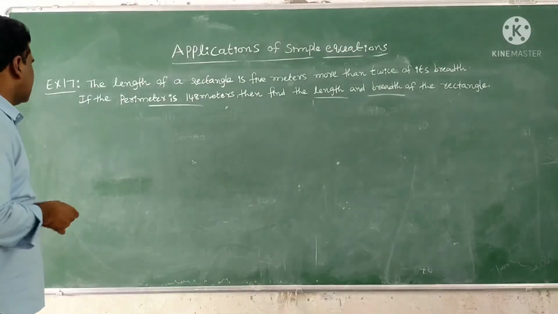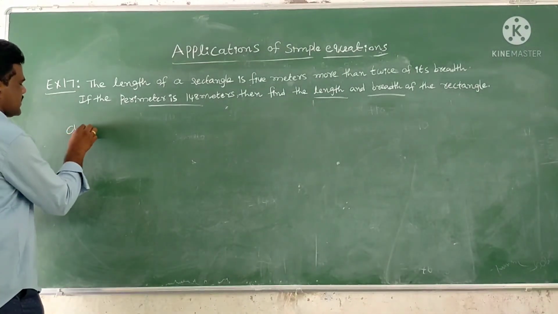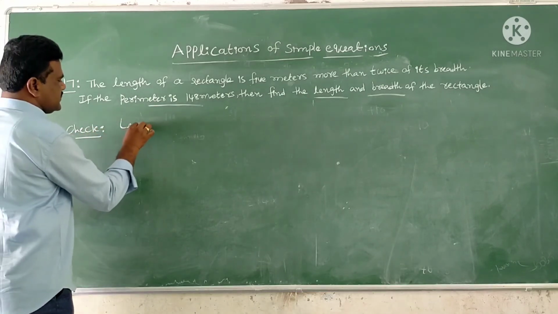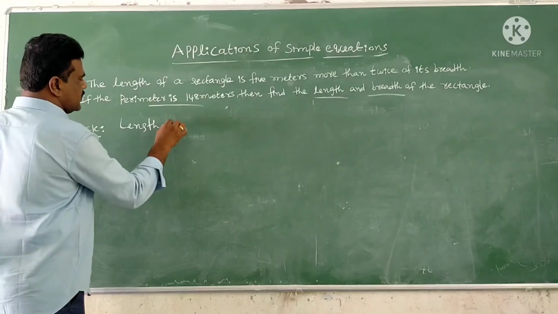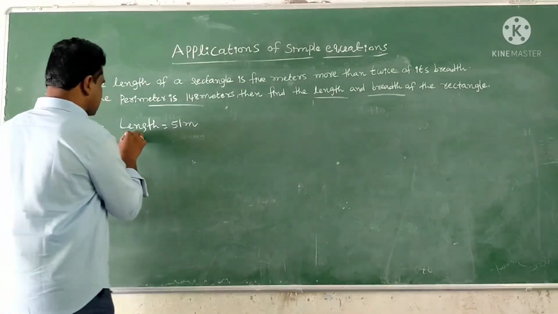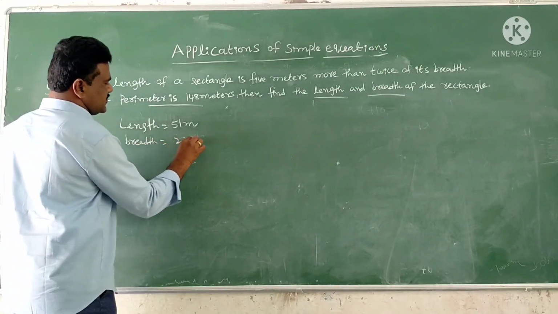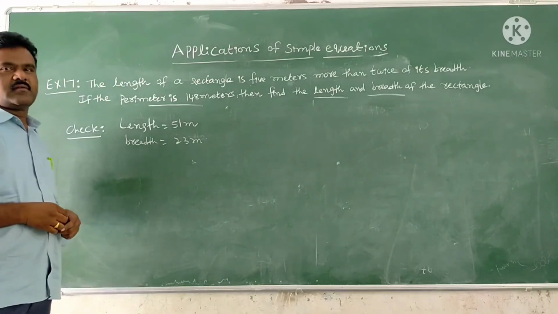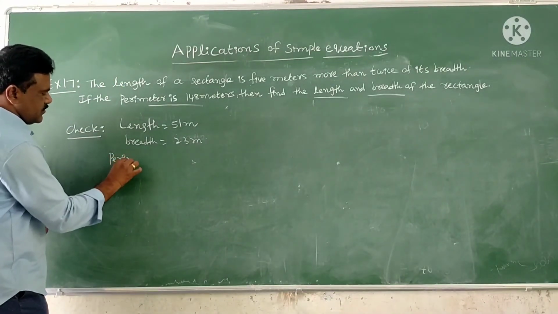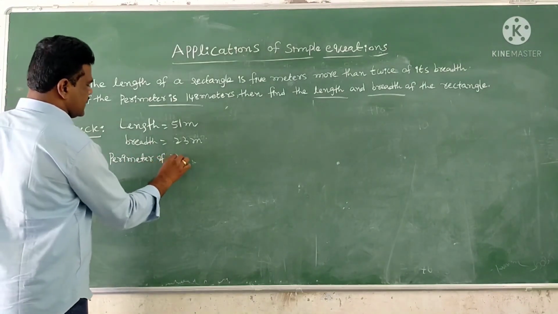Therefore, next we have to check. Length is equal to 51 meters, breadth is equal to 23 meters. Perimeter of a rectangle.